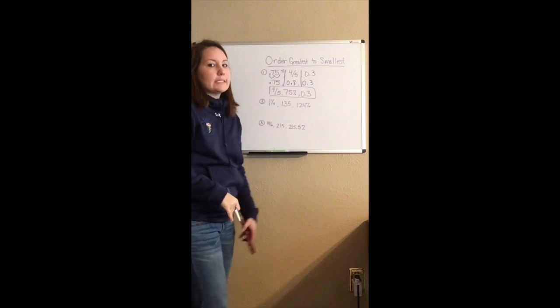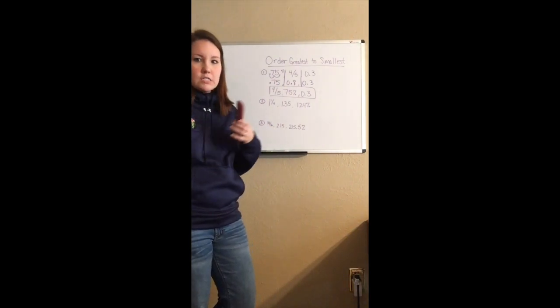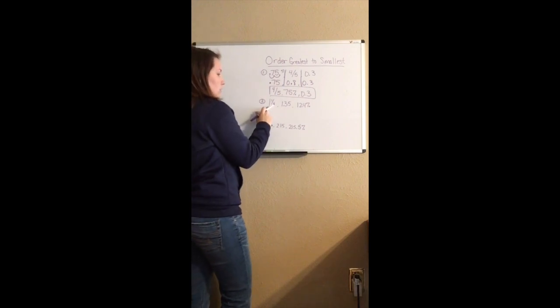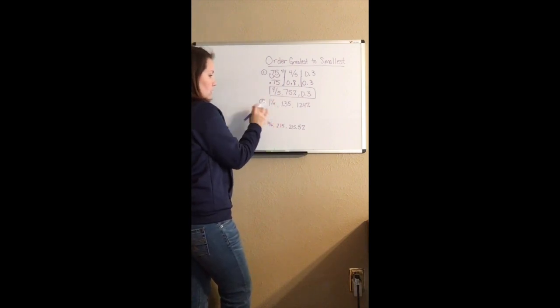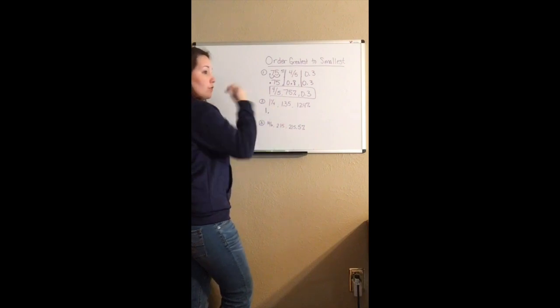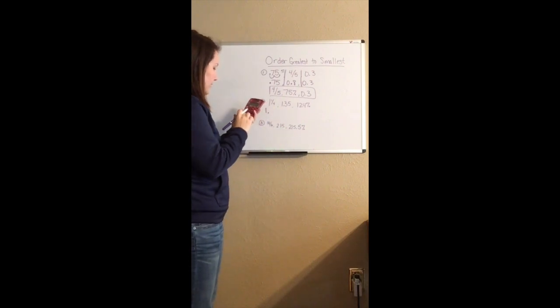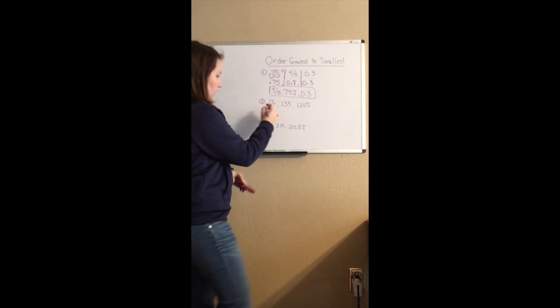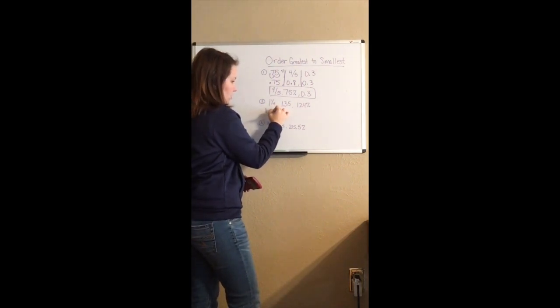That one's a little tricky because it has whole numbers, mixed fractions, and percentages greater than 100. Let's look at 1 and 1/4. When we're converting to a decimal, we always just leave that whole number there, and then we divide the numerator by the denominator, 1 divided by 4. That gives me 0.25. So this becomes 1.25.